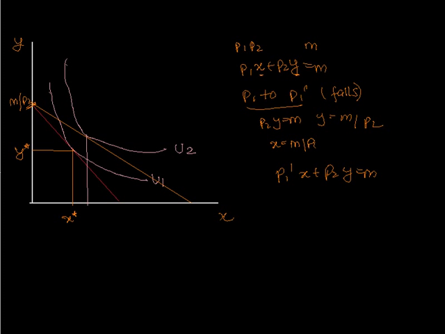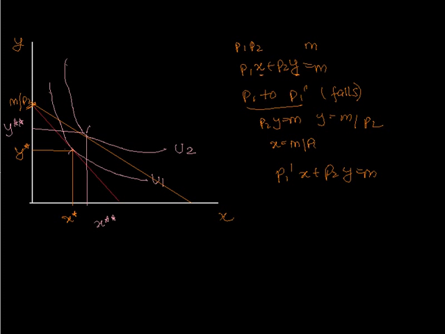Suppose this is your x and y, say x double star and y double star. He is consuming at this point. These are two equilibrium points, where u2 is tangential to the new budget line. You're consuming at that point.